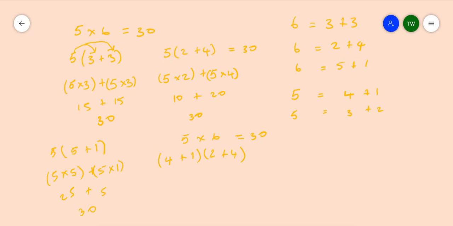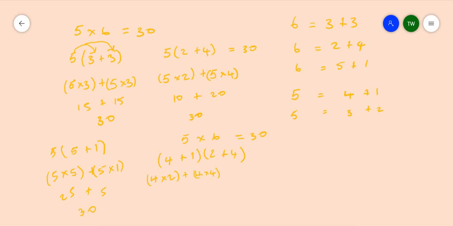So it's going to be 4 times 2 in bracket, put back our plus sign, and it's going to be 4 times 4. Then we're finished with this 4.